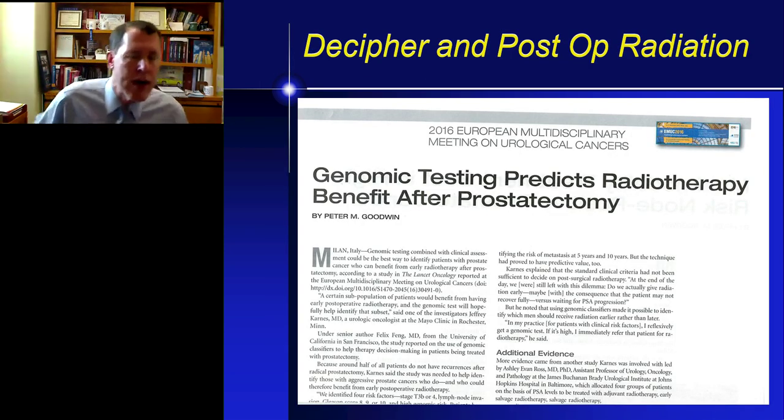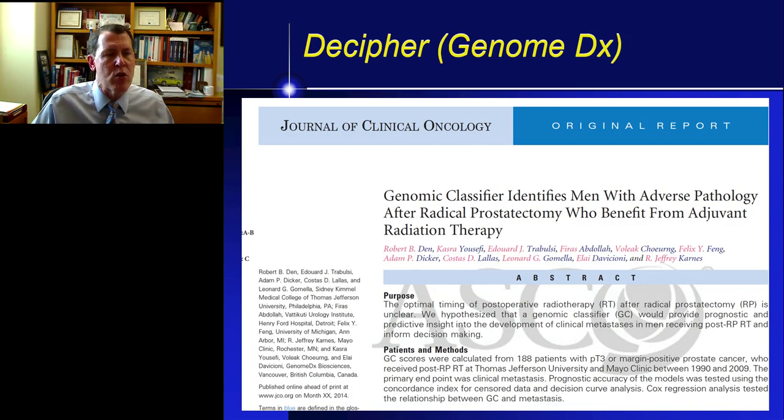This is referring to a nice study that was more recently published in Journal of Clinical Oncology. As you see here in this title slide, genomic classifier identifies men with adverse pathology after radical prostatectomy who benefit from adjuvant radiation therapy. And I'll just give you the highlights of this article.